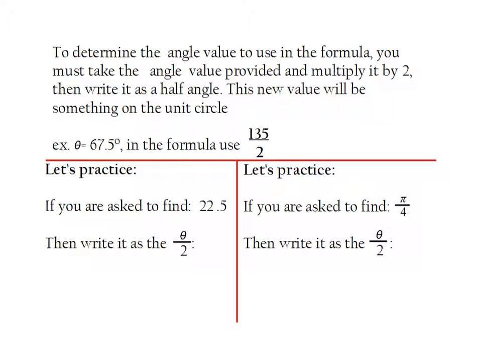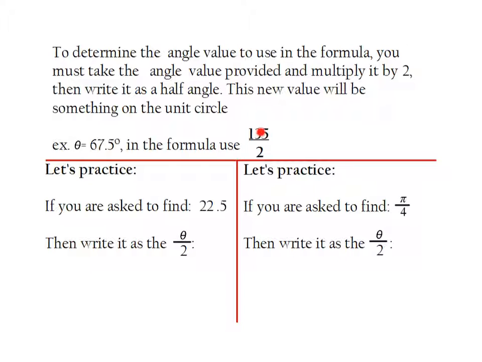And as always, I'm going to start and look at something with numbers. To determine the angle value to use in the formula, you must take the angle value that you're looking for and multiply it by 2. Then you take that and write it as a half angle. For instance, if I'm looking for a 67.5 degree angle, I'm going to double that, which gets you 135.